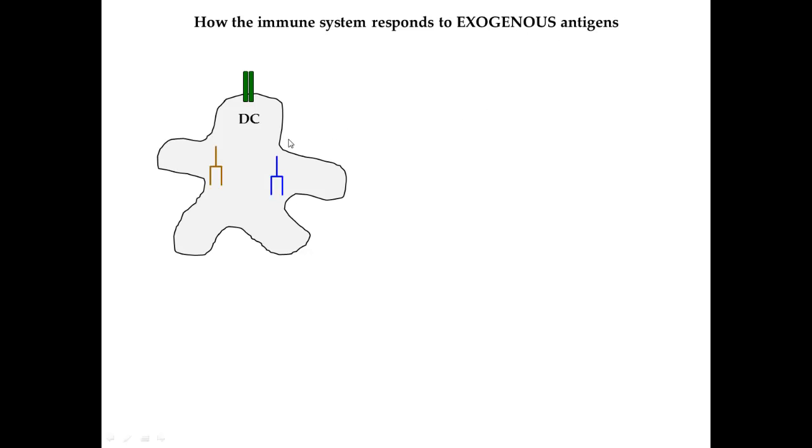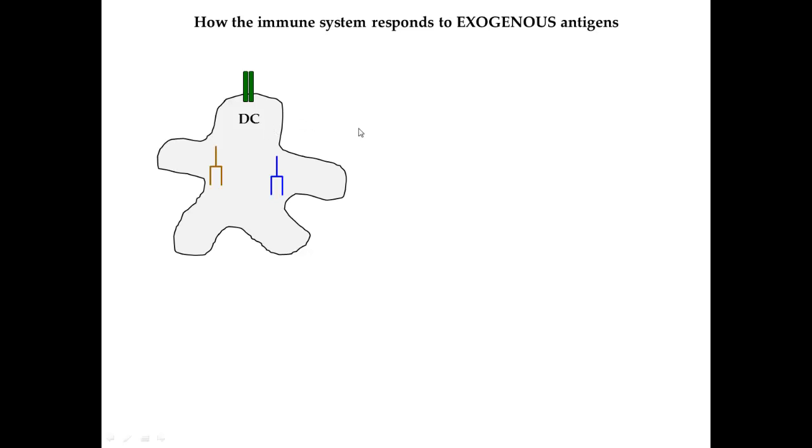One of the first cells that a bacterium might encounter when it enters our body is a dendritic cell. Dendritic cells are the lookout cells of our immune response. They are the sentinel. They're found in linings of the mucous membranes, all the entry points in the body, the skin and the lungs.